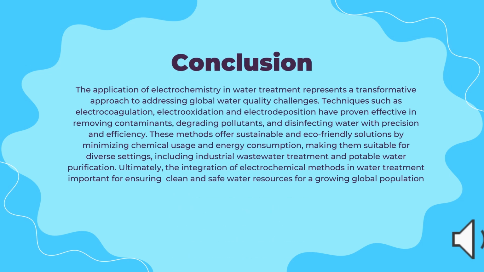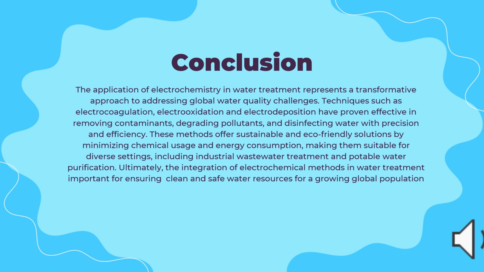The conclusion is that the application of electrochemistry in water treatment represents a transformative approach to addressing global water quality challenges. Techniques such as electrocoagulation, electrooxidation, and electrodeposition have proven effective in removing contaminants, degrading pollutants, and disinfecting water with precision and efficiency.